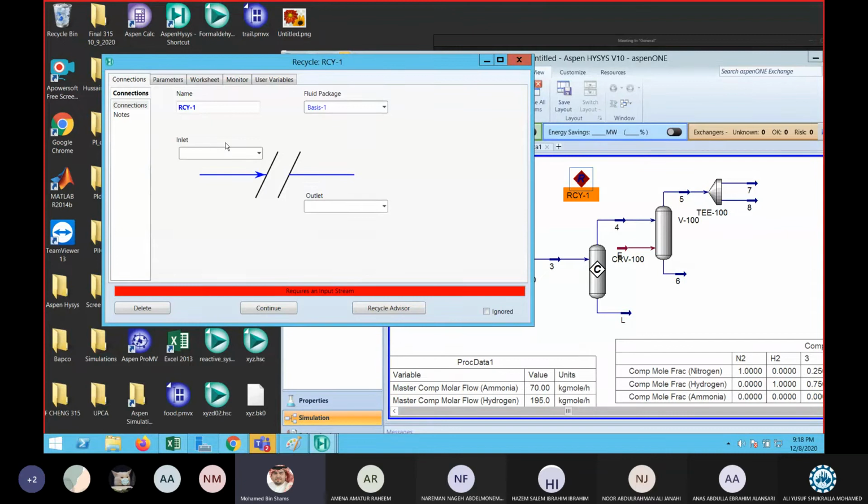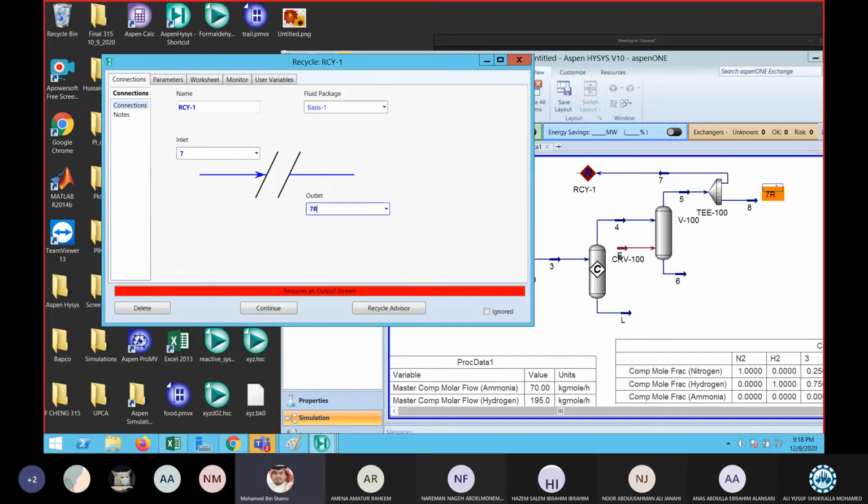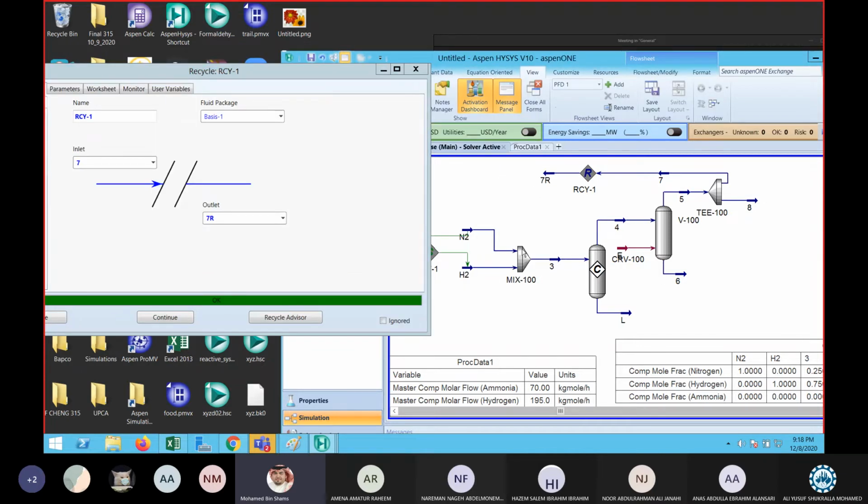So the inlet of this is 7. See, I entered it, like the gauge. And I'm going to tell it that the outlet is 7R, for recycle. Now when you press enter, notice I didn't attach anything, so this is basically nothing, like a pipe.